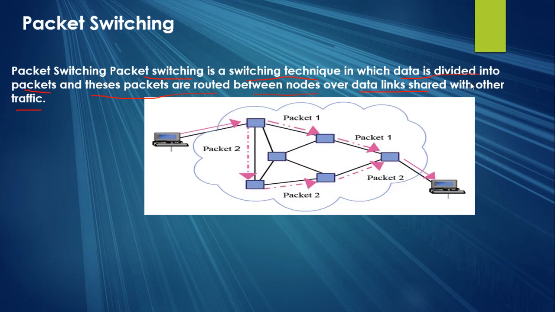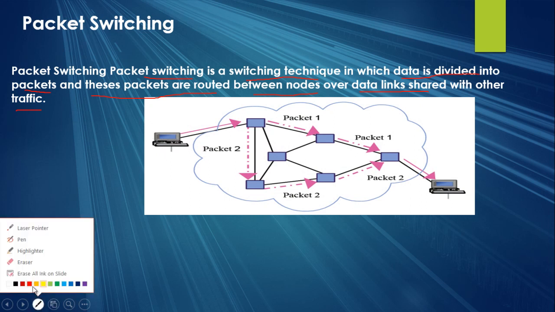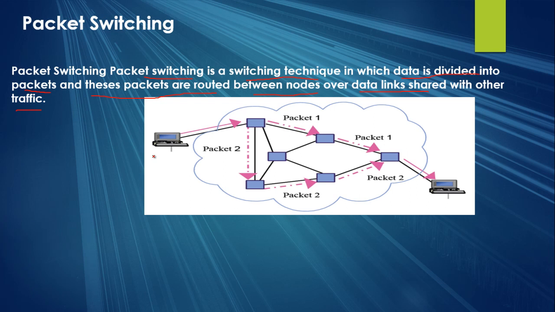In this example, suppose this is the source system and it wants to send packets, right. As I have already explained, suppose this system created 2 packets. One packet reaches the destination through this path.